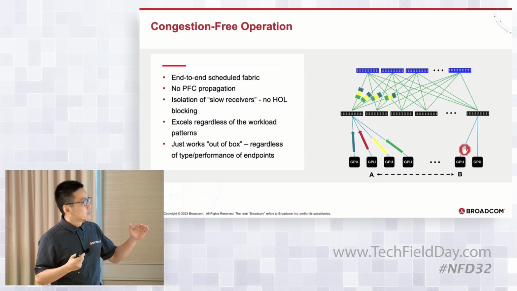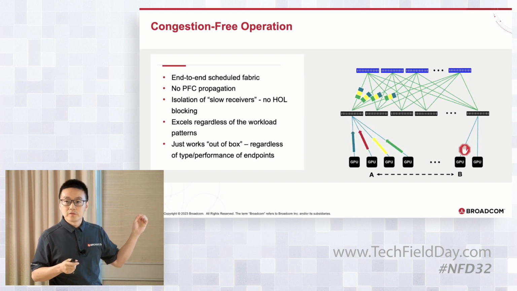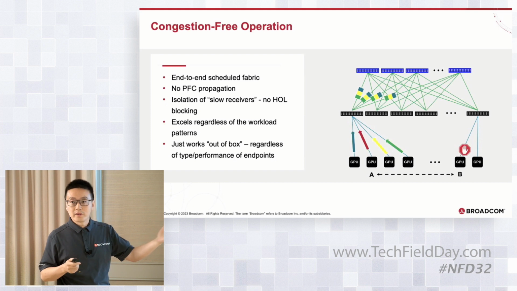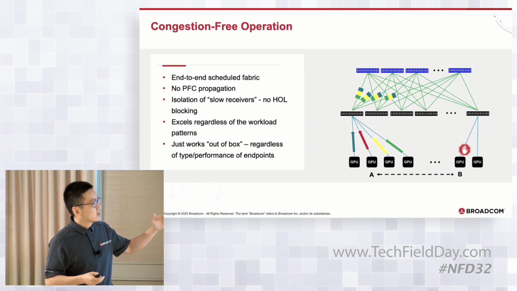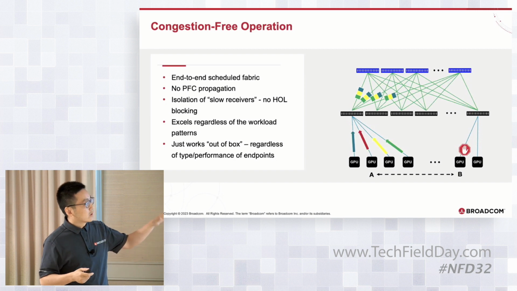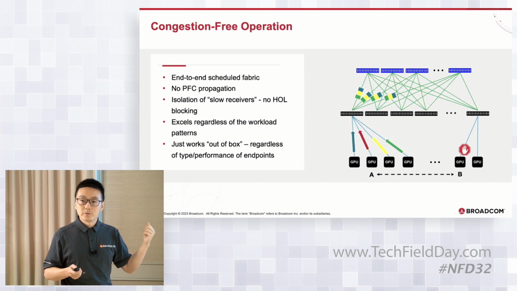At that moment, when the red flow arrives at the ingress leaf device, it will try to apply for a credit from the egress device and tell it, I have some flow to send over to you. Can I send that traffic to you at this moment? Because GPU B is in congestion, the egress leaf device is not going to send back any credits to the ingress leaf device.